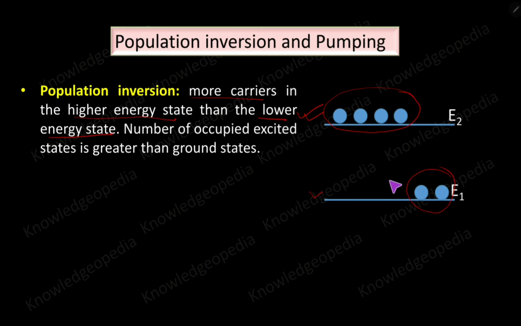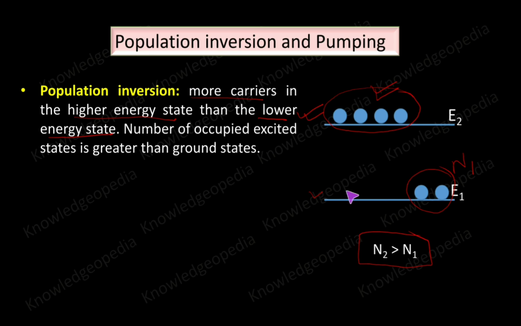If we consider a number of atoms, then the number of occupied states is greater than ground state. Now if N2 is the number of electrons in the excited state and N1 is the number of electrons in the ground state, then for population inversion to occur, this condition should be satisfied: N2 should be greater than N1.